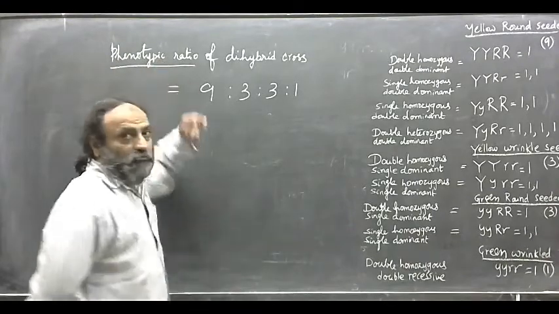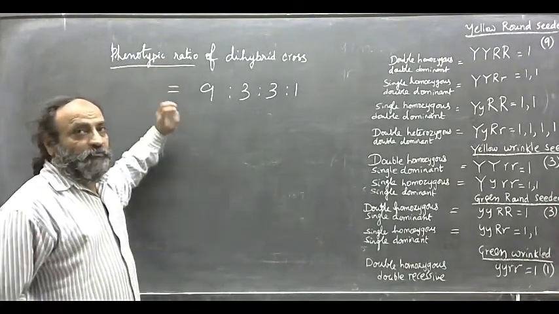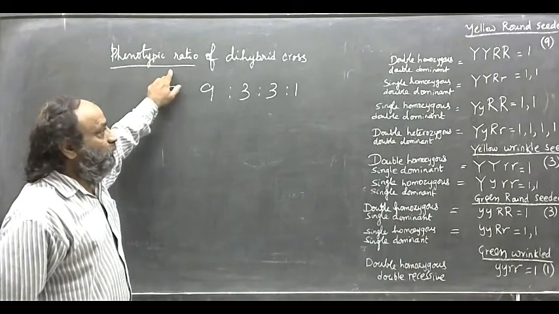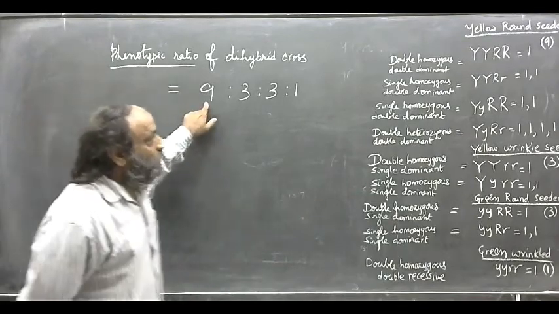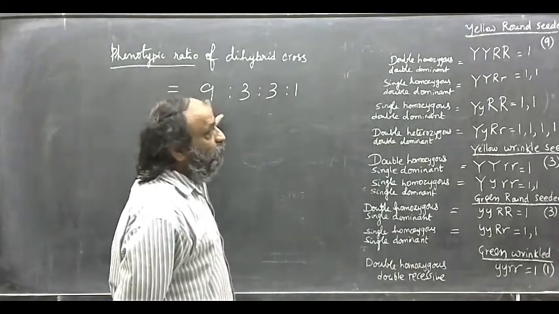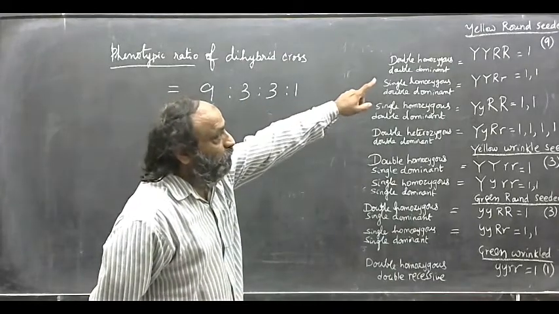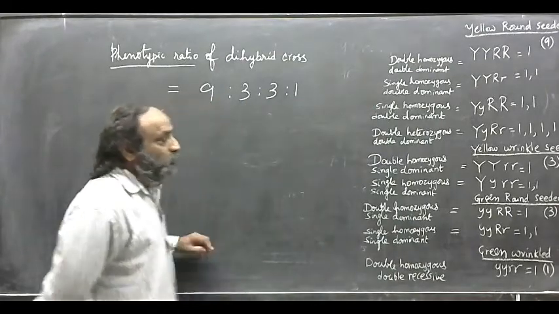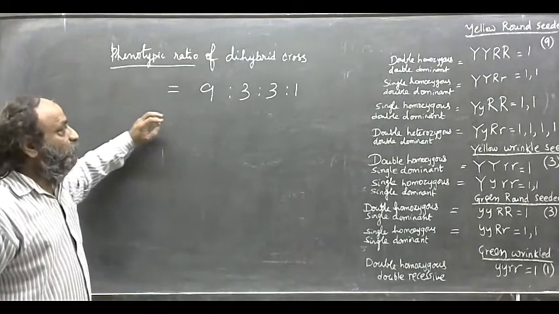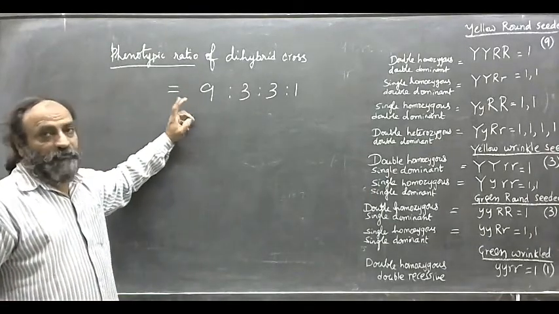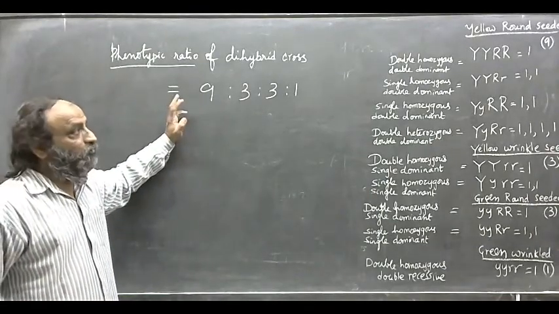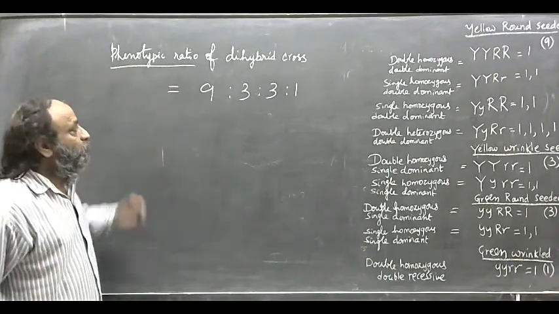Now when we analyze the dihybrid cross phenotypic ratio, 9 plants in F2 generation are found to be yellow round seeded. Even the parental plants are also yellow round seeded. We have taken parental plants which are yellow round seeded.